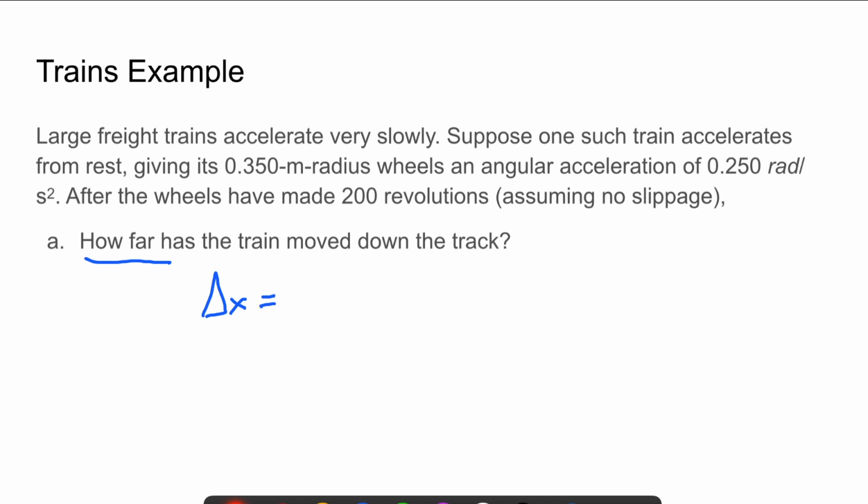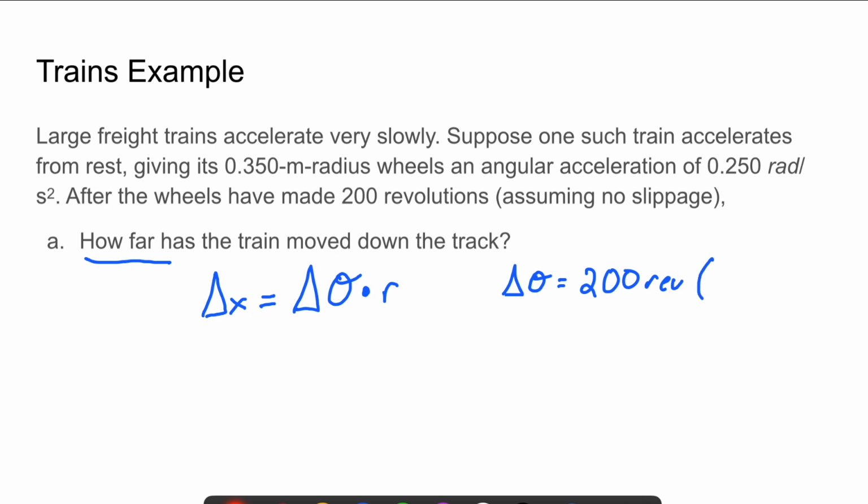And we know that we can relate our translational distance to our rotation angle by multiplying it by the radius. So if we think about what information we know, we have our rotation angle, delta theta. We have moved 200 revolutions. Our tires have spun 200 times.